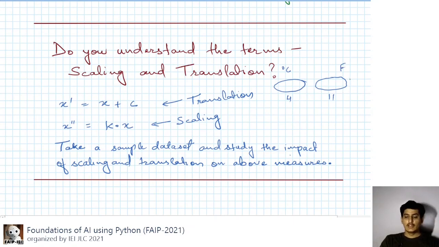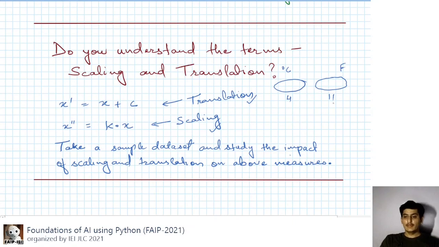So now, if we want to merge these two data sets and plot them on one axis, one given scale, what will we have to do? Translate and scale one into another. Yes, we'll have to perform translation and scaling.